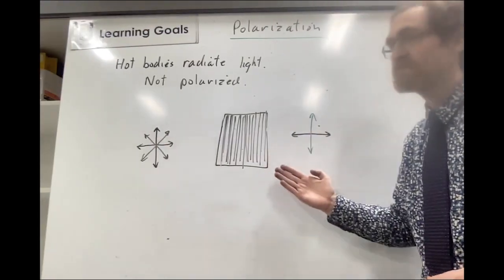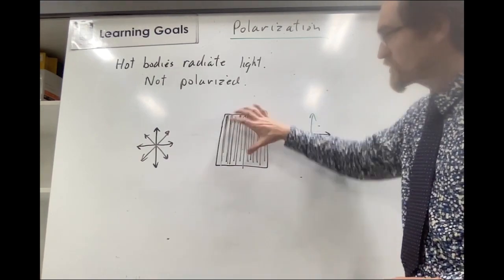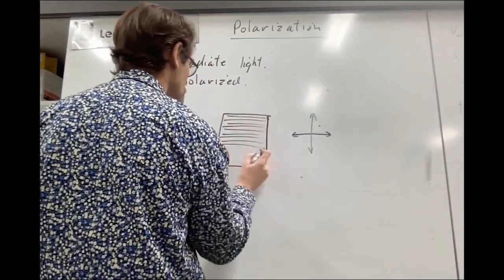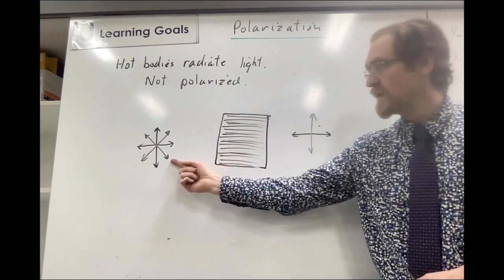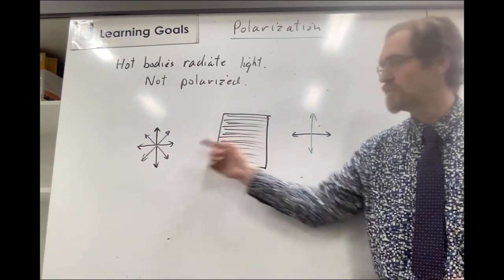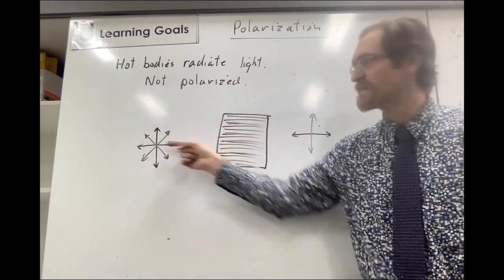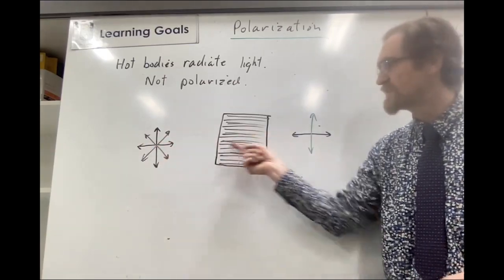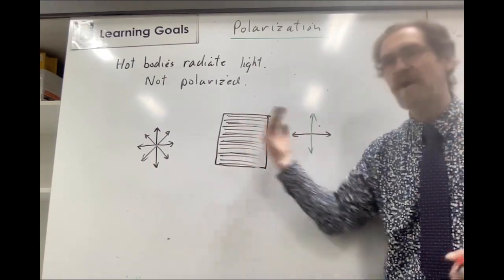So what happens if my film is turned through 90 degrees? If I turn my film through 90 degrees, the unpolarized light approaches the film, which you've got to think of as being behind the film, and comes out of the page. Now the horizontal electric field components of this electromagnetic light will inspire movement of the delocalized electrons in those long chain molecules, and they will be consumed by that movement.